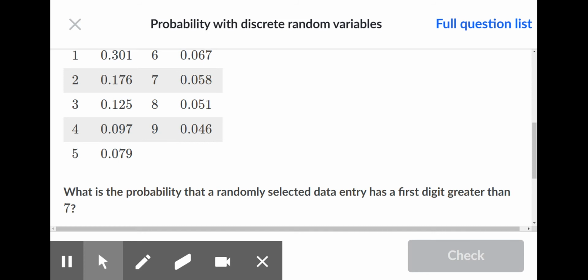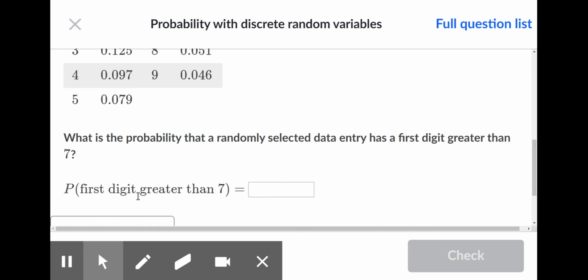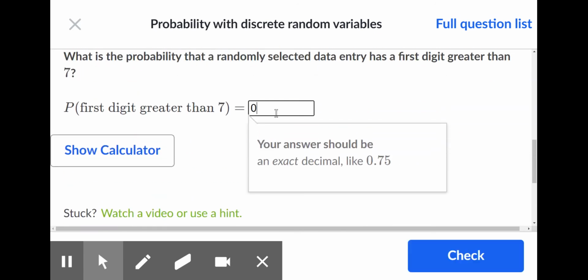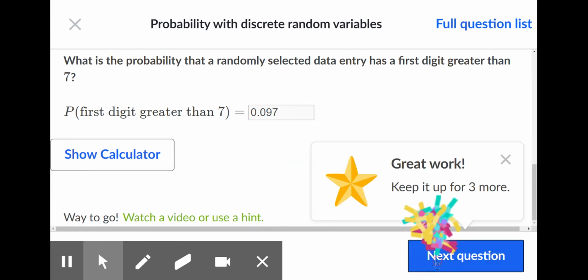That will give me the probability of the first digit greater than 7, and here the answer is 0.097. Okay, so hopefully that makes sense, right?